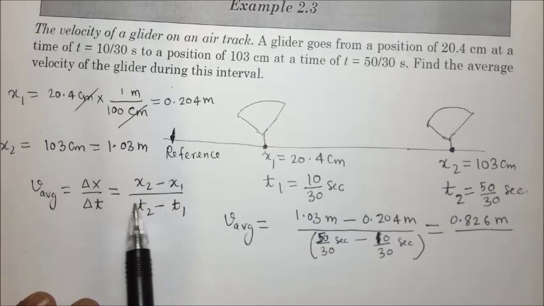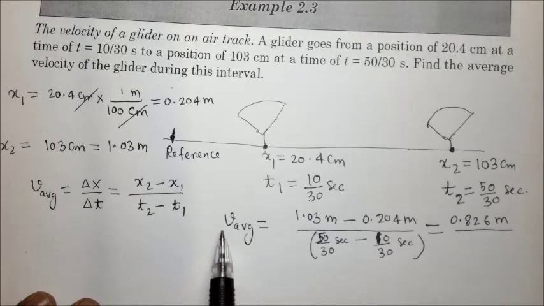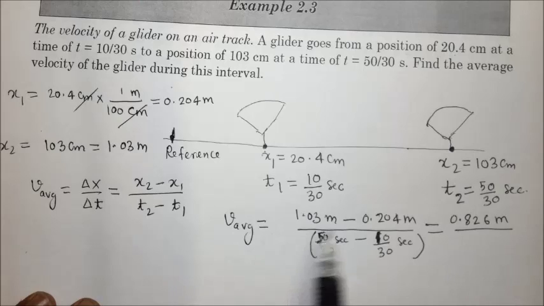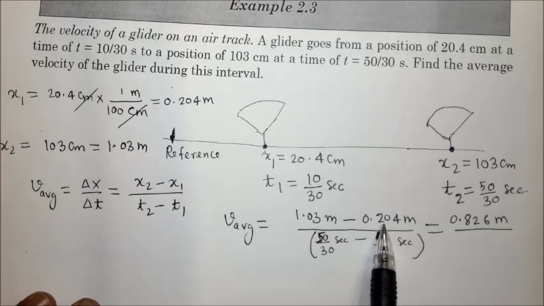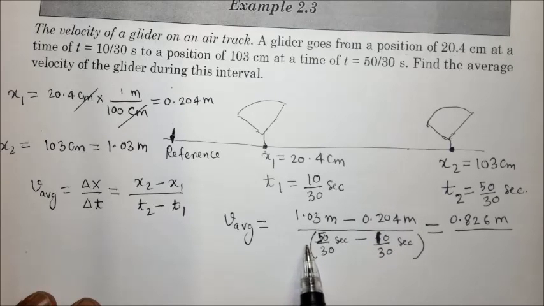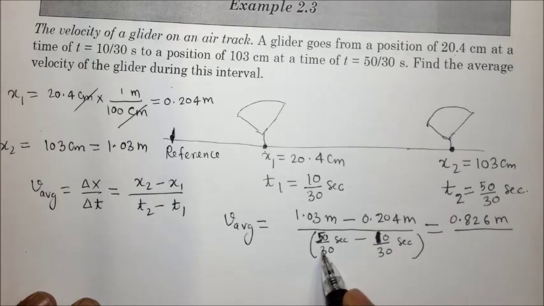So let's put these values. V average equal to x2 is 1.03 meter minus 0.204 meter over T2 is 50 over 30 second minus T1 is 10 over 30.